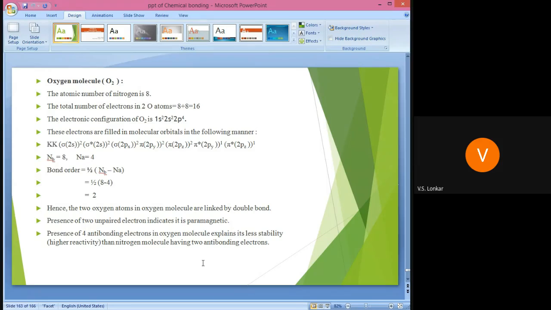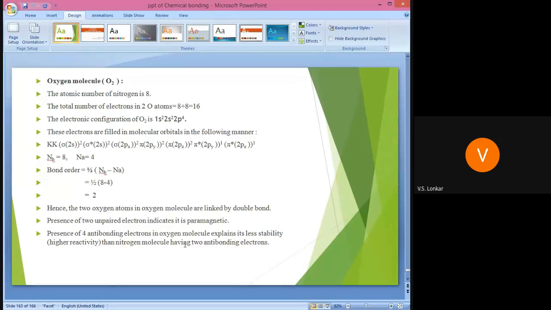If more reactive, it is less stable. So the oxygen molecule is less stable than the nitrogen molecule because of the presence of more antibonding electrons than in nitrogen. Therefore the oxygen molecule is less stable or more reactive than the nitrogen molecule.